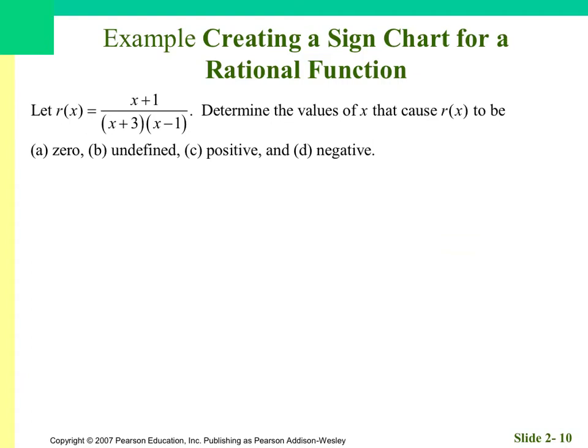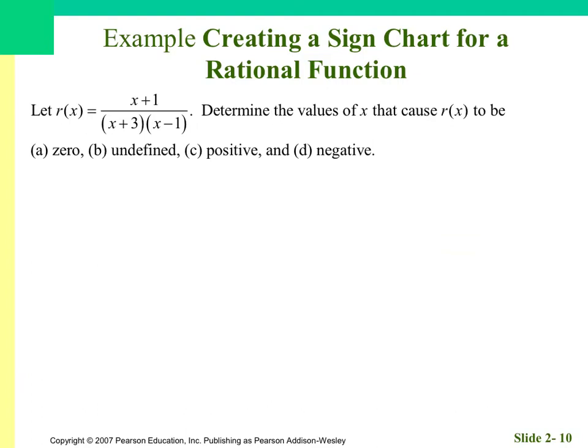Determine the values of x that can cause r of x, the function, to be 0, to be undefined, positive, and negative. Okay? So the 0. Well, set it equal to 0 and solve it.